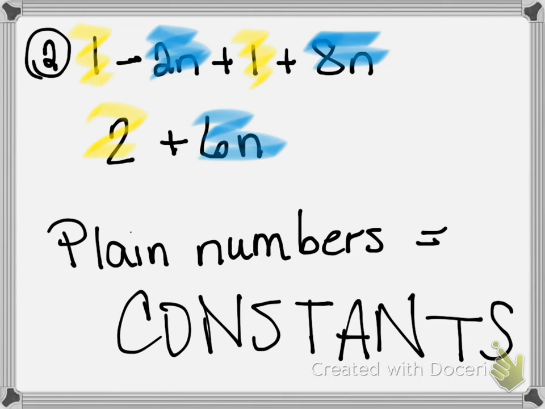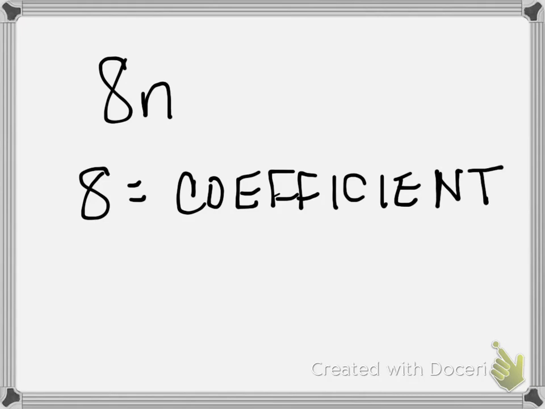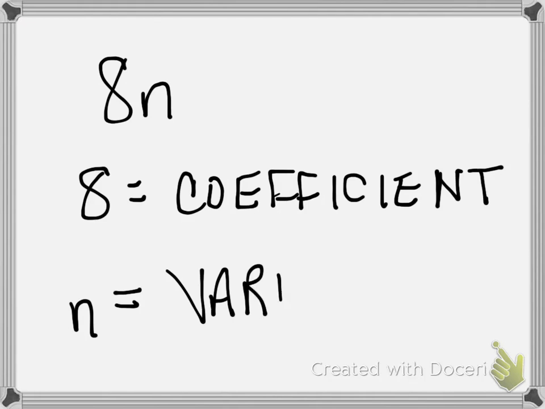The number in front of your variable, for instance 8n, in that term, the 8 is the coefficient. Feel free to pause this video or back it up so that you can get all of these notes. The n is your variable. You need to know those terms.